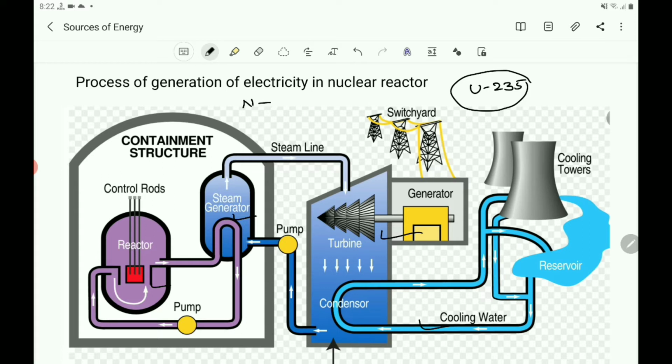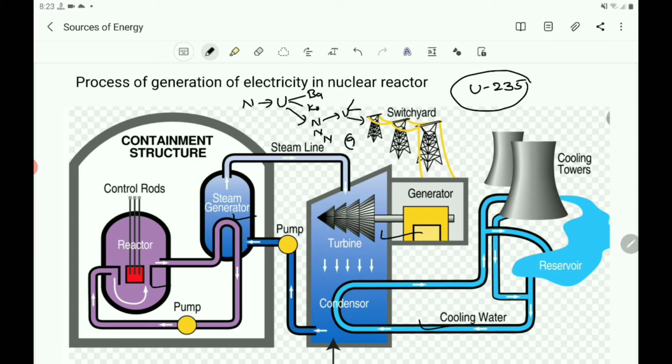When 1 neutron hits 1 uranium atom, it splits up into barium and krypton, and in this fission 3 more neutrons will be formed and each neutron hits a uranium atom, and again 3 neutrons form, and 3 threes are 9.